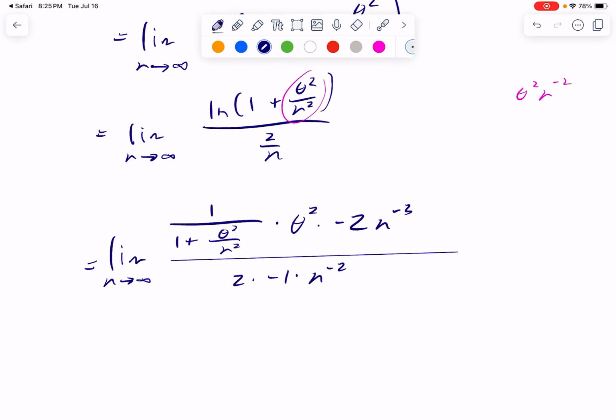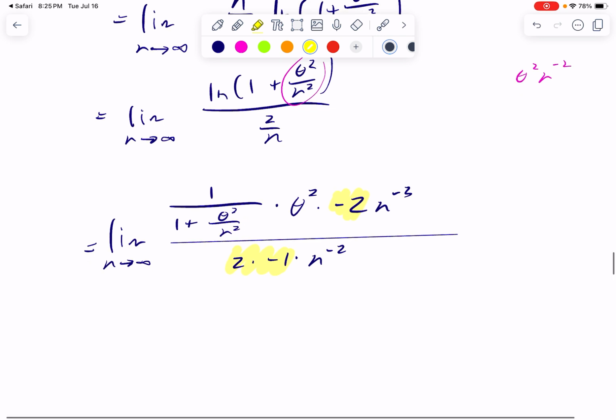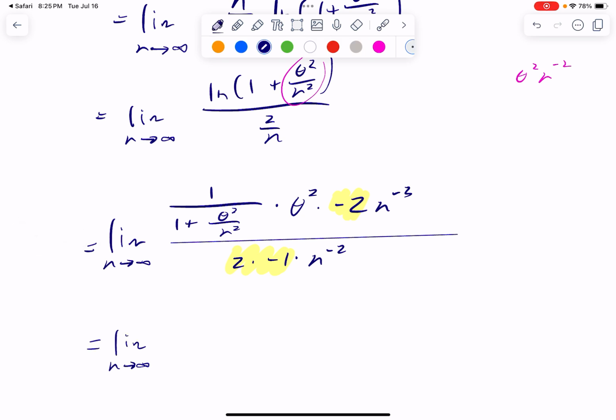All right, so now let's just try to simplify this. I will notice that I have a negative 2 here and a negative 2 here that cancel. This is n to the negative 2 in the bottom, which is really like n squared in the top. This would be n cubed in the bottom. So after we cancel those, we have 1 n left in the bottom. This is left, and this is left.